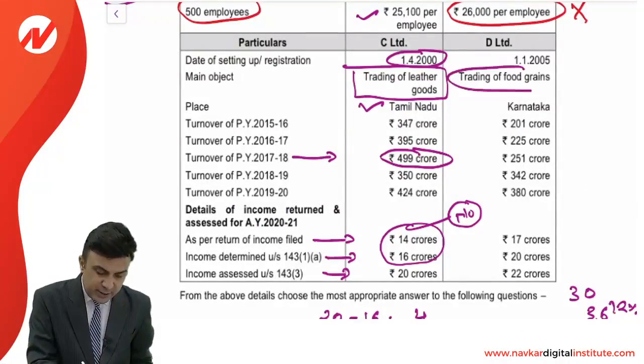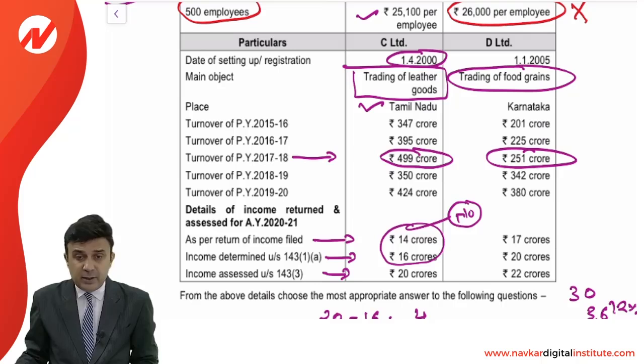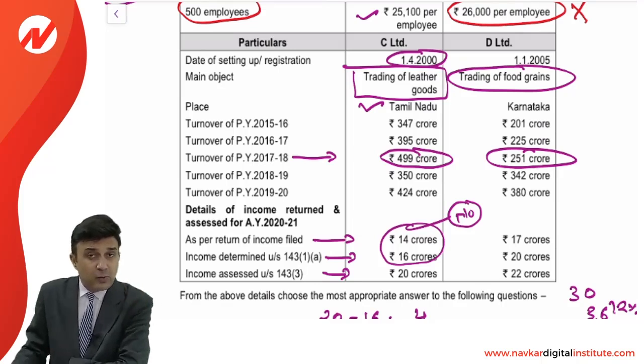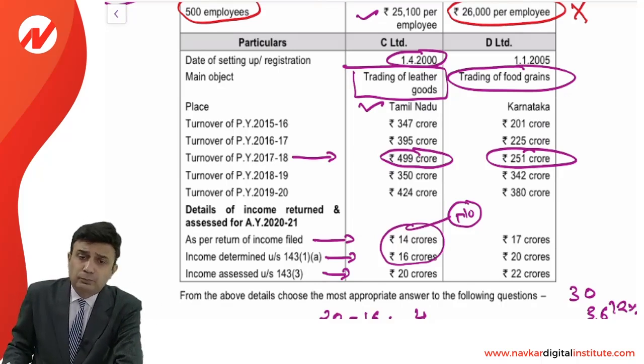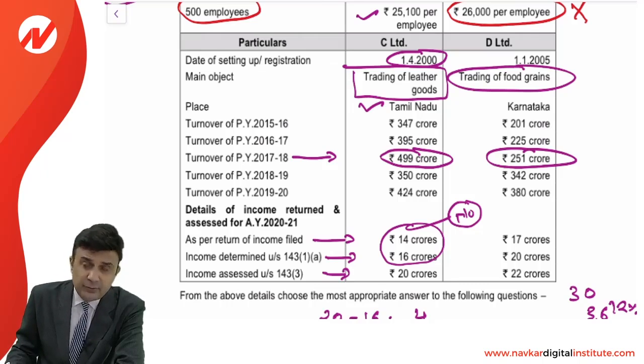D Limited is trading of food grain. It has the turnover of 251 crore, meaning thereby this D Limited is having their turnover in the financial year 17-18 less than or equivalent to 400 crore. It doesn't exceed 400, so they can go for 25%.